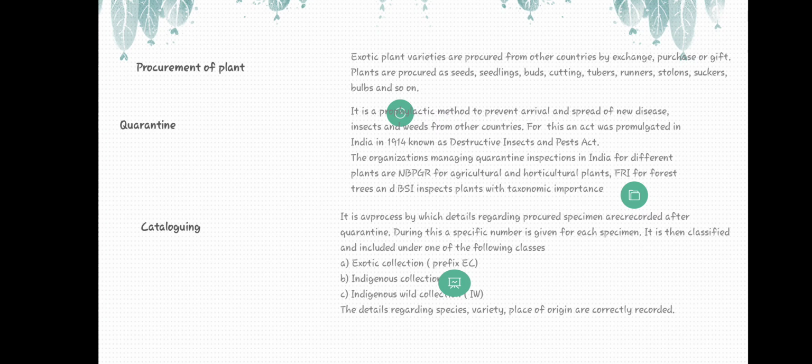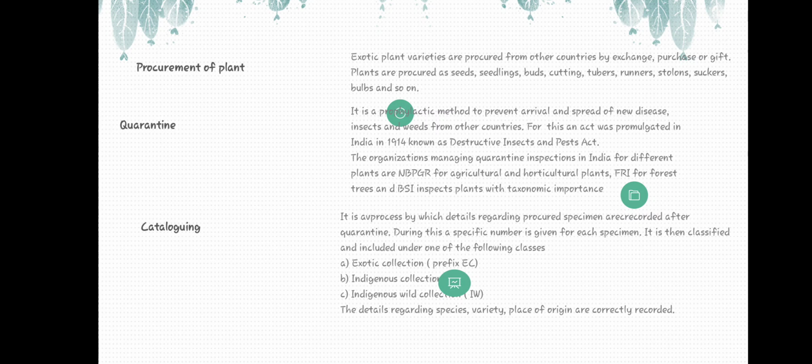Next thing is cataloging. After the quarantine, we've got a certificate. Now we are going to record the details of the procured specimen. During this process, they assign a specific number to the specimen.